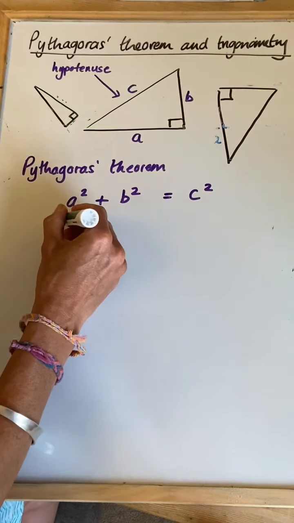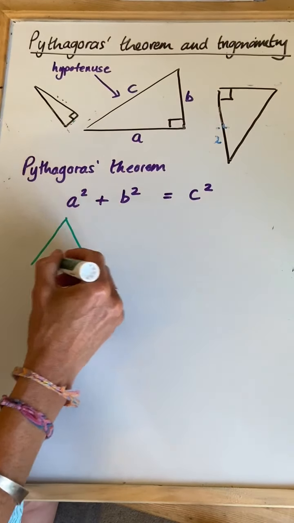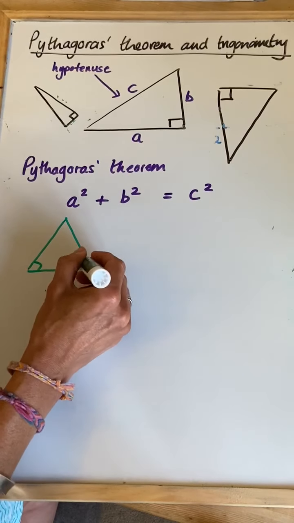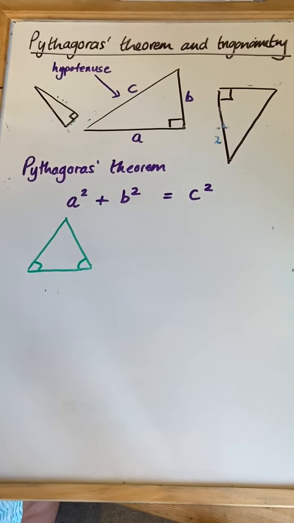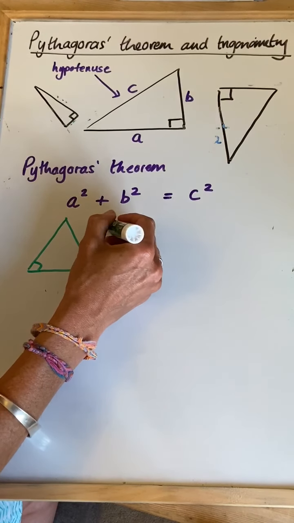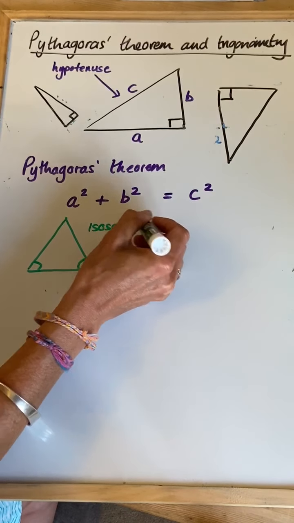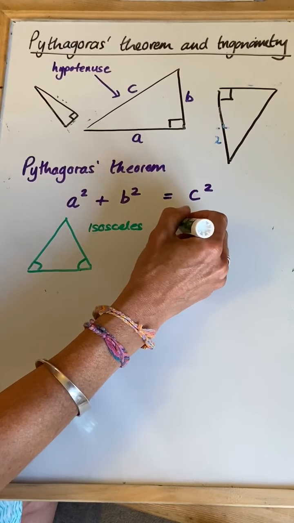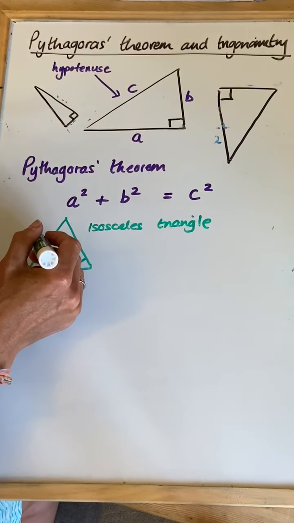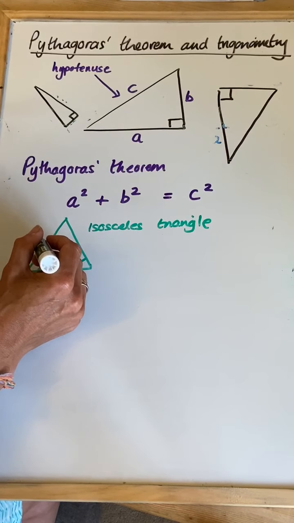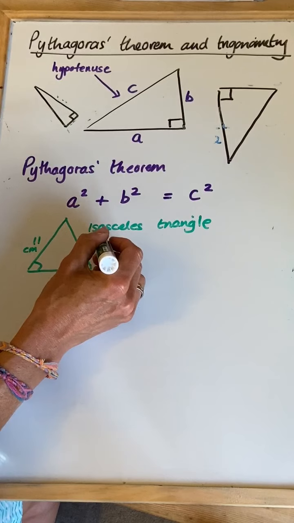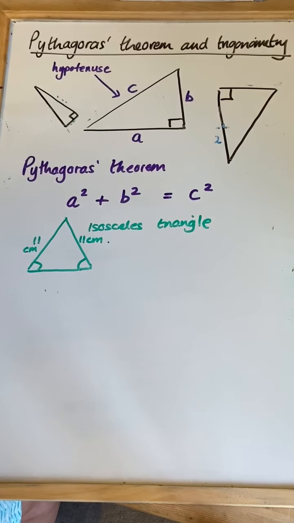I'm going to look at a triangle here. Now this is not a right-angled triangle. This is an isosceles triangle. And the reason it's isosceles is because I've got two angles that are the same and two side lengths that are the same. I'm going to say my side lengths are 11 centimetres. So that one's 11 centimetres and that one's 11 centimetres.